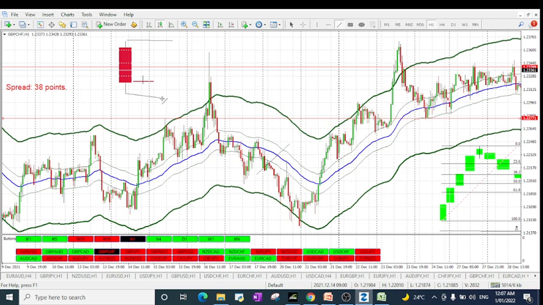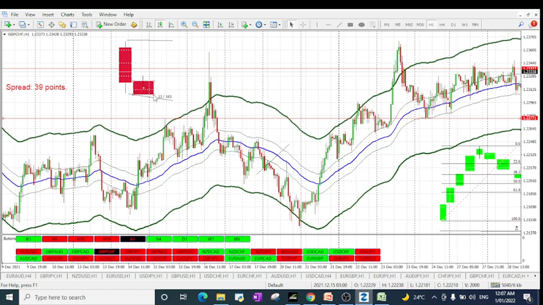The probability of this candle hitting the low of this candle right here, the probability of the candle opening and coming down at least here, is at least 75%. 75% of the time, this low will be hit.